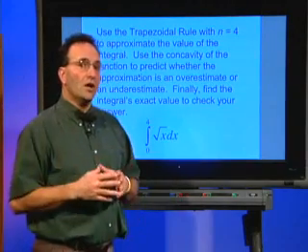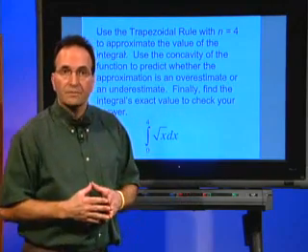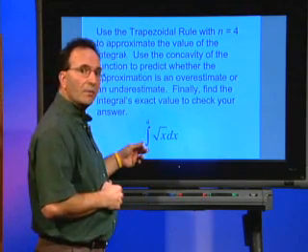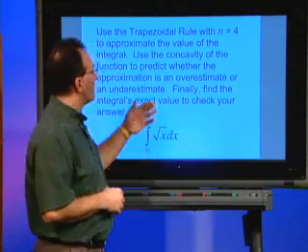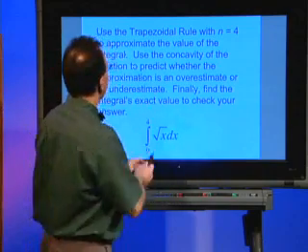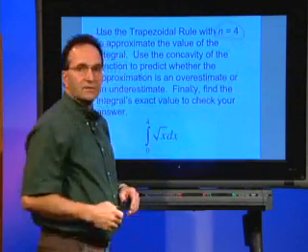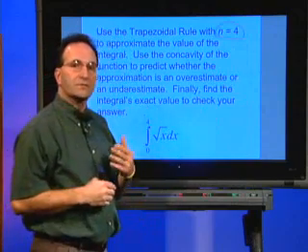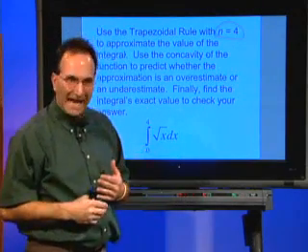All right, so what we want to do is apply the trapezoidal rule to this particular problem. So one of the things we need to remember is that we have n is equal to 4, and that's important because that's the number of subintervals, and that'll allow us to find h.